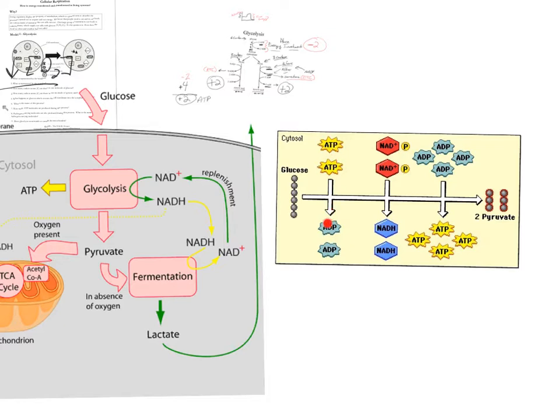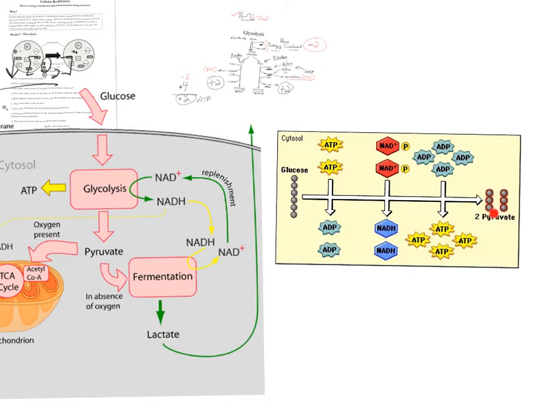First 2 ATPs in the energy investment phase. Then when the energy output phase, you're getting NADH. This is going to one of the 2 places, either fermentation or the Krebs cycle. And here you get 4 ADPs are turned to 4 ATPs, and we just looked at the breakdown here, right? And you end up with 2 3-carbon molecules, 2 pyruvate molecules.